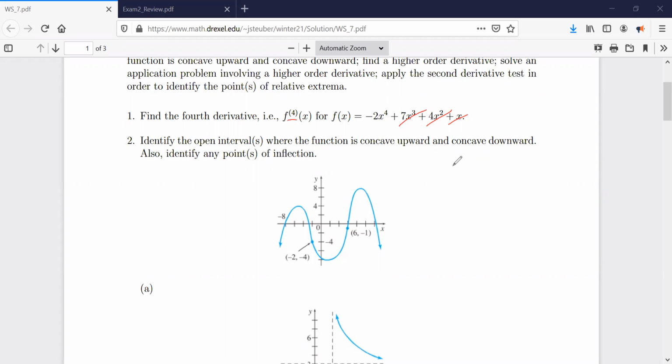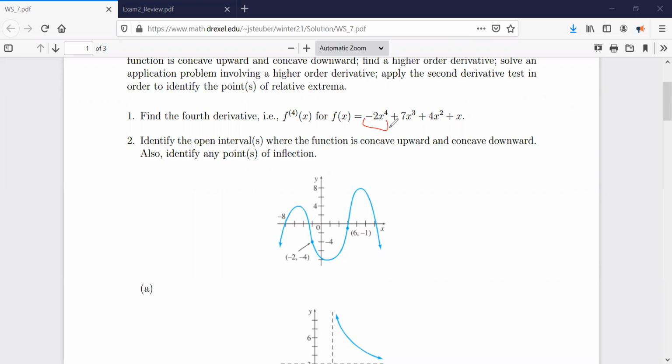You should be able to check that for yourselves. For example, the third derivative of x squared disappears, because it goes 4x squared to 8x to 8 to 0. It disappears on the fourth derivative for x cubed, and on the second derivative for just regular old x.